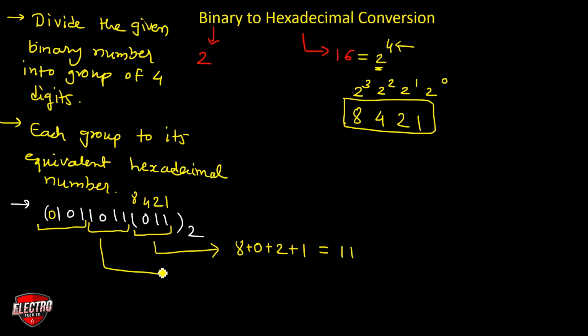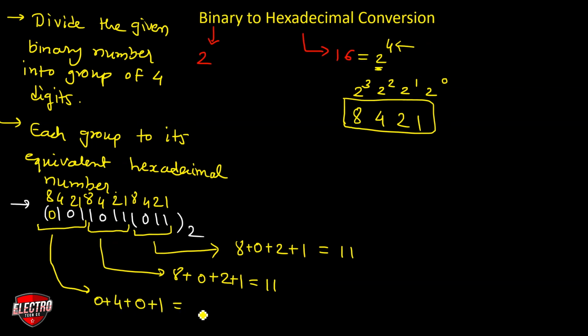In the second case, if we use the same code 8421, then we get the multiplication 1 into 1, that is 1, 2 into 1, that is 2, 4 into 0, that is 0, 8 into 1, that is 8, and it is 11. In the last case, if we use the same code 8421, then we get 1 into 1, that is 1, 2 into 0, that is 0, 4 into 1, that is 4, and 8 into 0, that is 0. If we add all these numbers, then we get 5, its equivalent number.